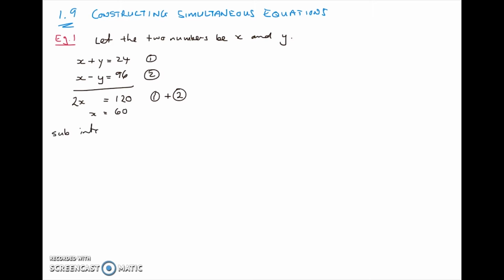We'll substitute that into any one of the equations, say number 1, and so we have 60 plus y equal to 24, and then we'll subtract 60 from both sides so that y equals negative 36.